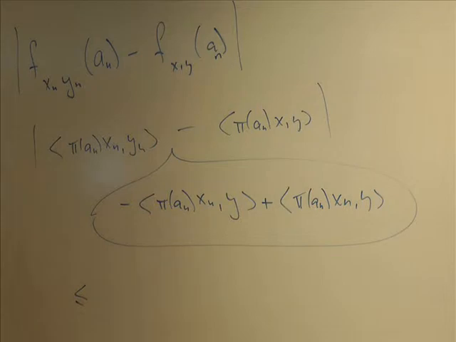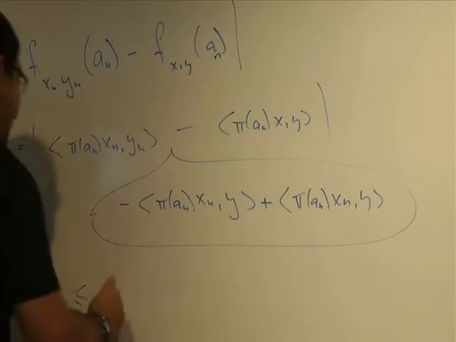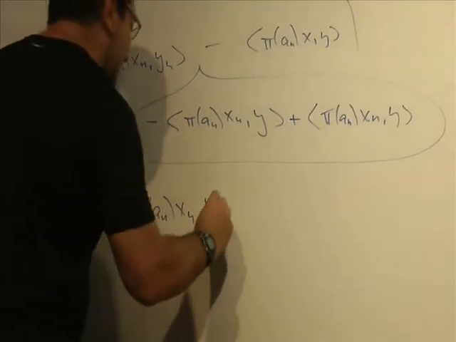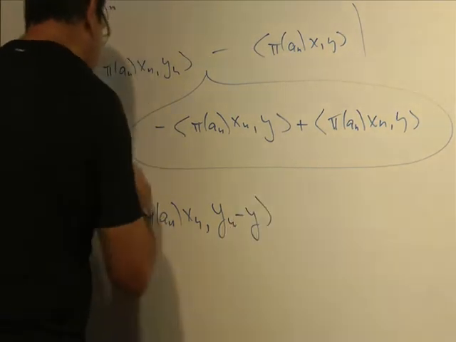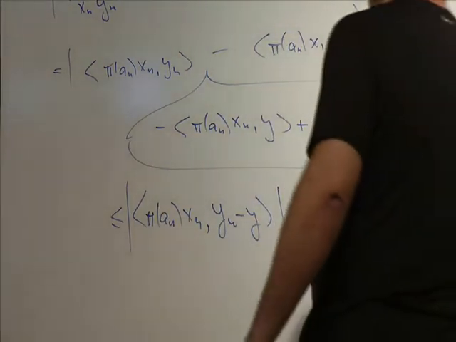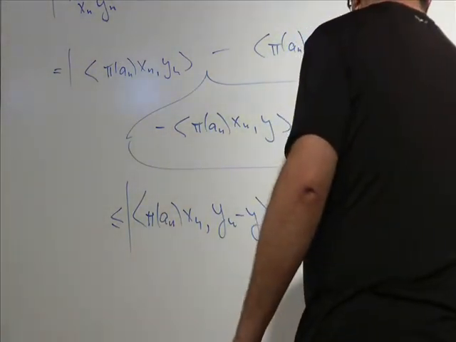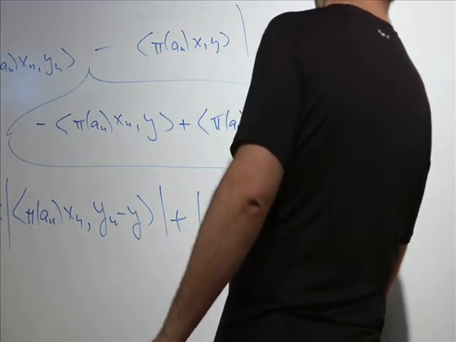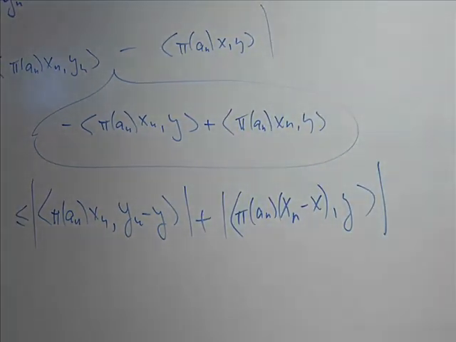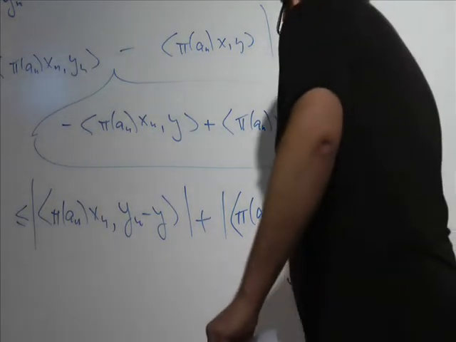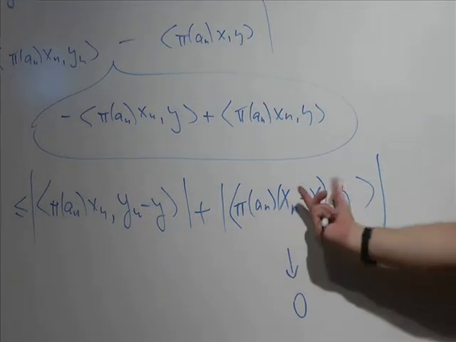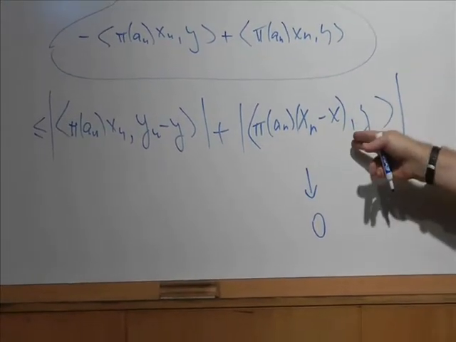And by the triangle inequality, you see that this is pi an xn against yn minus y, plus, and here I have pi an xn minus x against y. Now, this goes to 0 because y is a fixed vector, xn converges to x, and these are unitary. So by the Cauchy-Schwarz inequality, this is less or equal than the product of the norms.